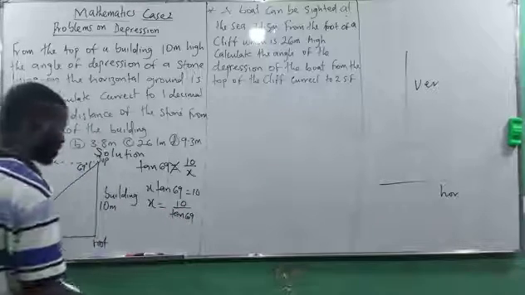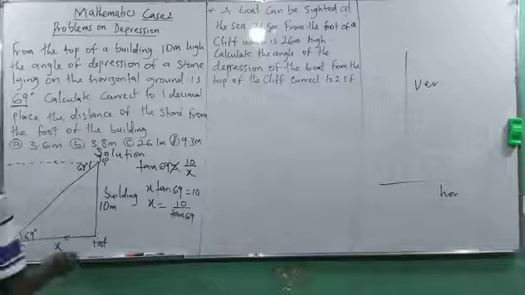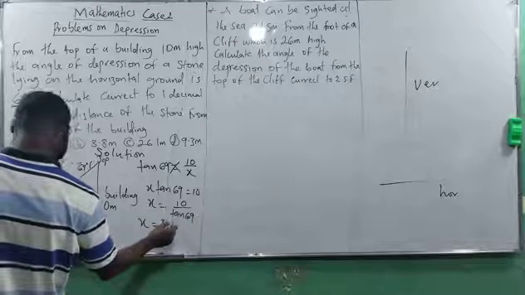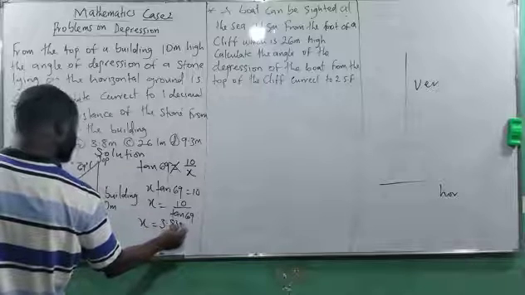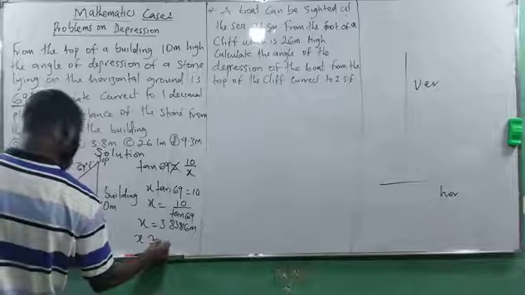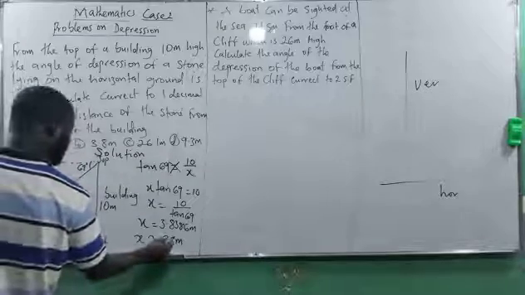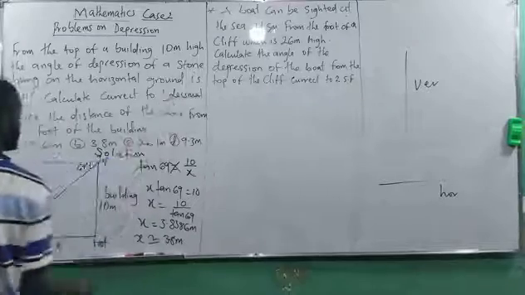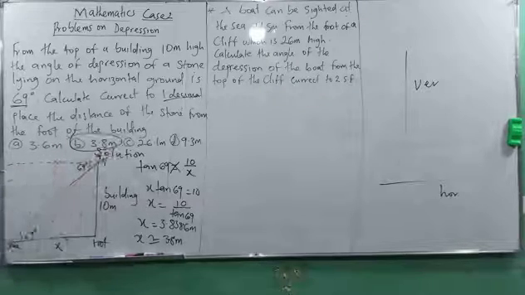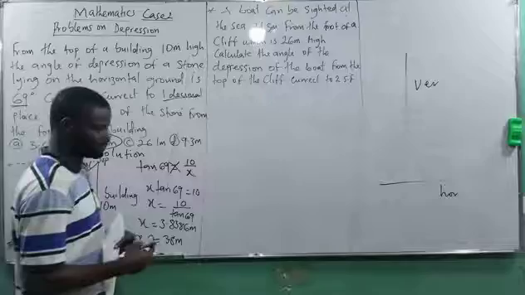On my calculator, x will be equal to 3.84 meters. Now, x is approximately 3.8, because of one decimal place, 3.8 meters. It means my answer is B. Now that is settled.